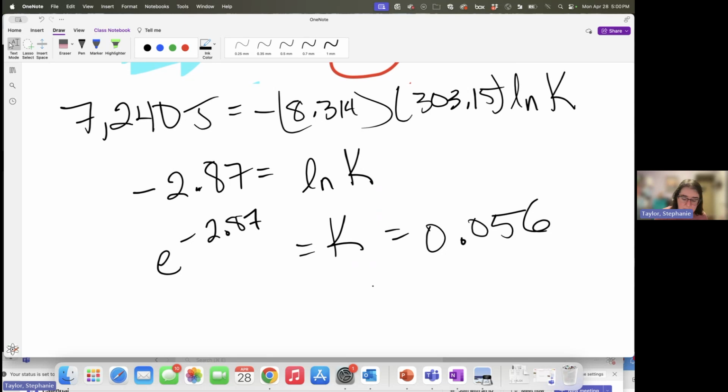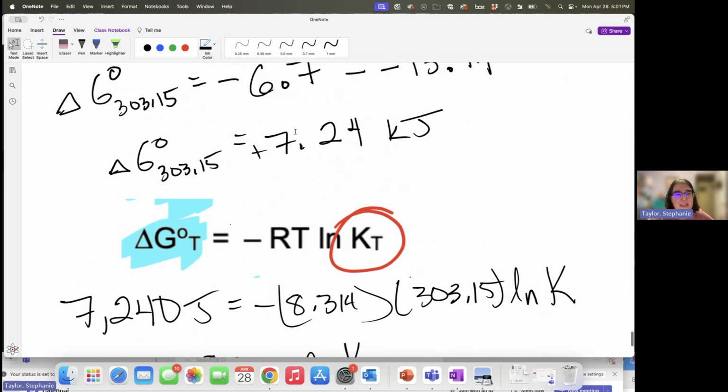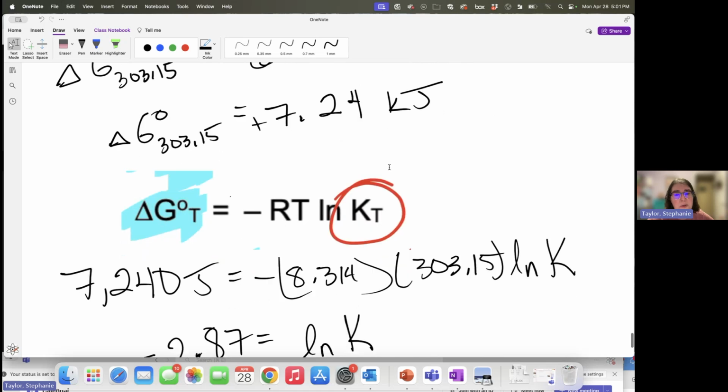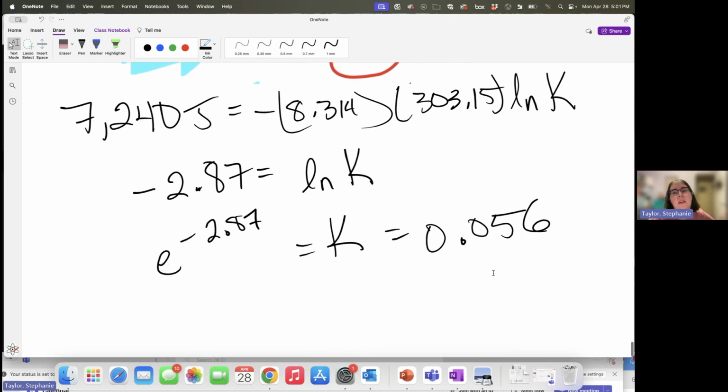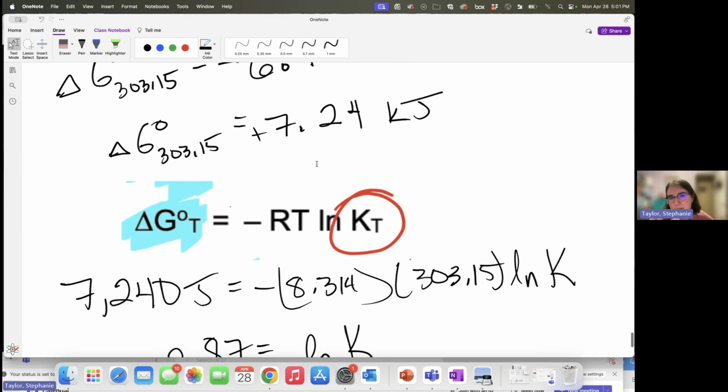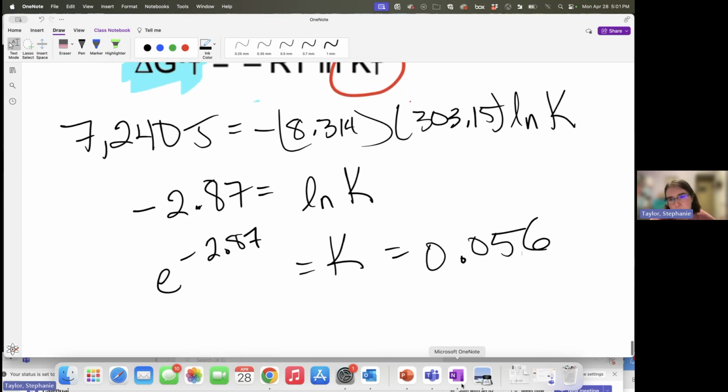So delta G standard and K deal with magnitude. Delta G standard should tell you roughly the magnitude of K. Being in basically the single digits in kilojoules, but positive, gives me a value that is close-ish to 1, smaller than 1, but not times 10 to the negative 34. It's not that small, but it's small. It's non-spontaneous. It's reactant favored.